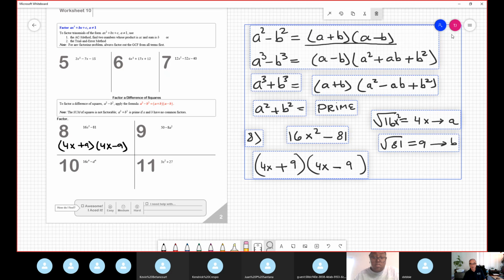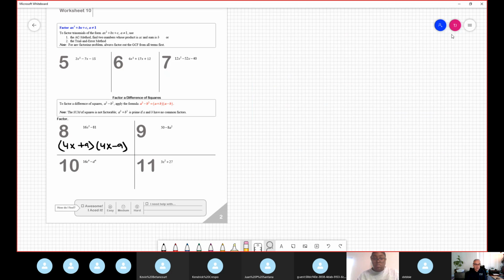Doing number 9. Number 9 is a little bit tricky. It's 50 minus 8a squared. You say, wow, professor, 50 is not a perfect square, and 8 is not a perfect square, so it's not a difference of a square. Yes, it is a difference of a square, but the first thing, I repeat 1,000 times, you should do is find the GCF.